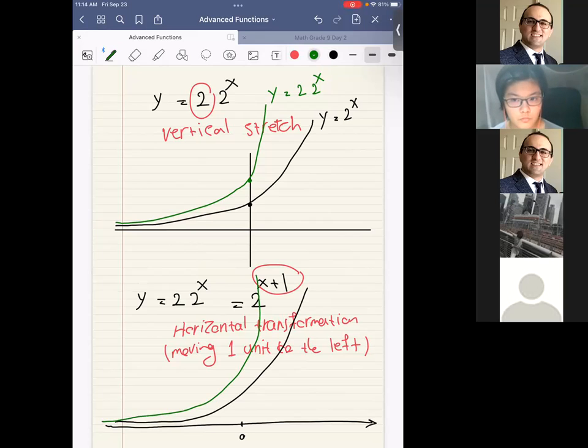Right? Is this picture clear? Clear. The green one is shifted 1 unit to the left. Okay.